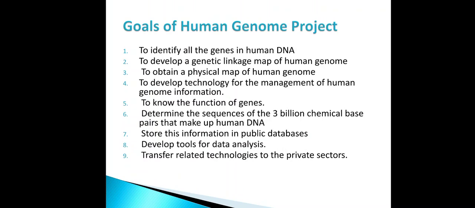The fifth is to know the function of genes. Next is to determine the sequence of 3 billion chemical base pairs that make up human DNA. Next is to store this information in public databases and develop tools for data analysis. And the last one is to transfer related technologies to the private sectors.